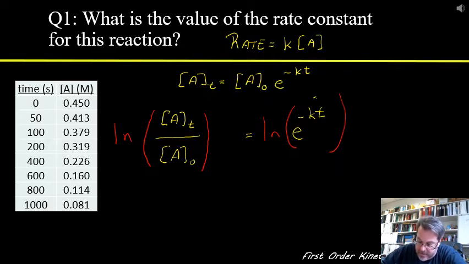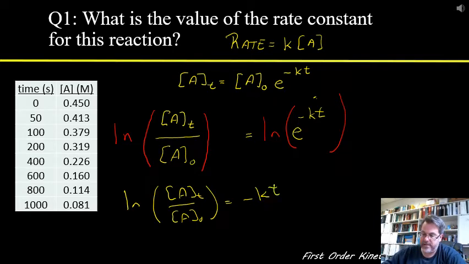What this gives us is the natural log of A at some time t divided by the initial concentration of A equals negative kt. Now we're close to isolating k. We could divide both sides by t right now, but I'm going to put some numbers in here and get rid of this messy log fraction on the left-hand side. So let's go ahead and do that.